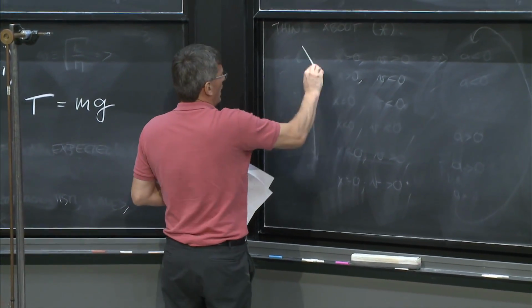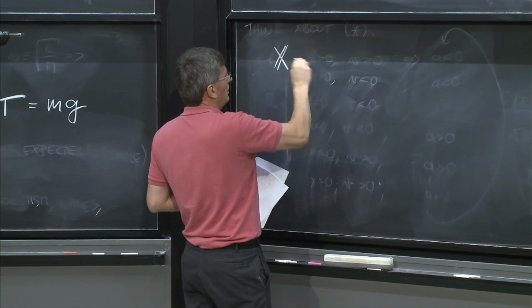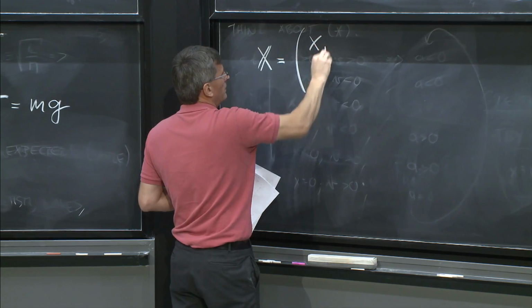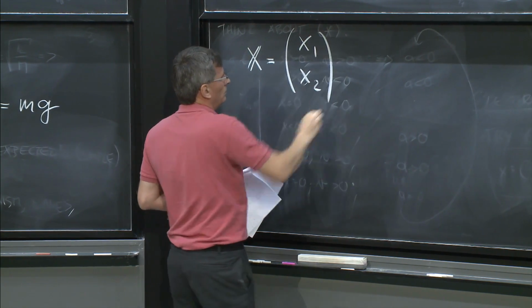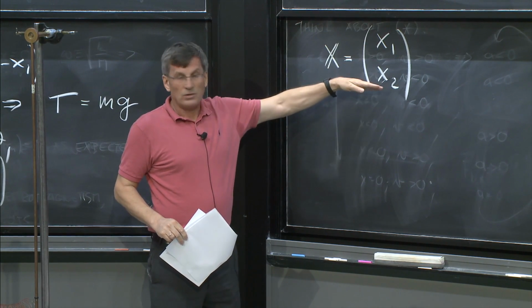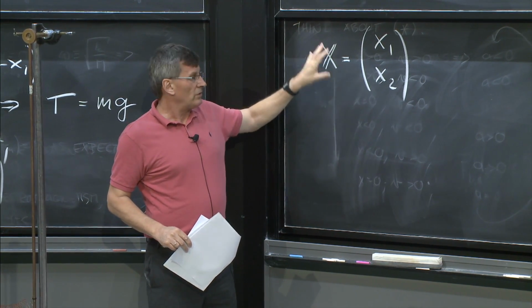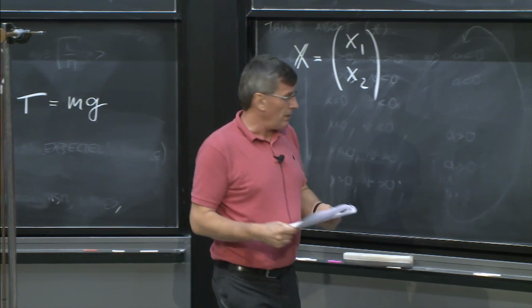So let's introduce a two-dimensional vector, which consists of x1 and x2. So basically, all the positions x1 and x2 are here. We will be monitoring the change of this vector as a function of time.